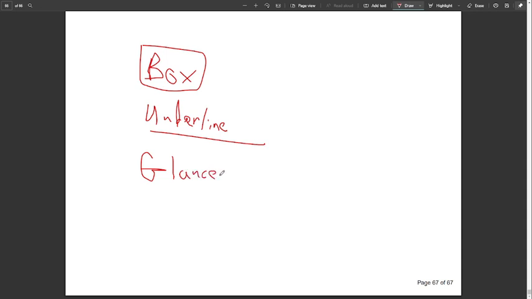And glance at the marks. Because the marks tell you what you need to do for the question, underlining the key words that are important to the question, so that includes any figures or any phrases.